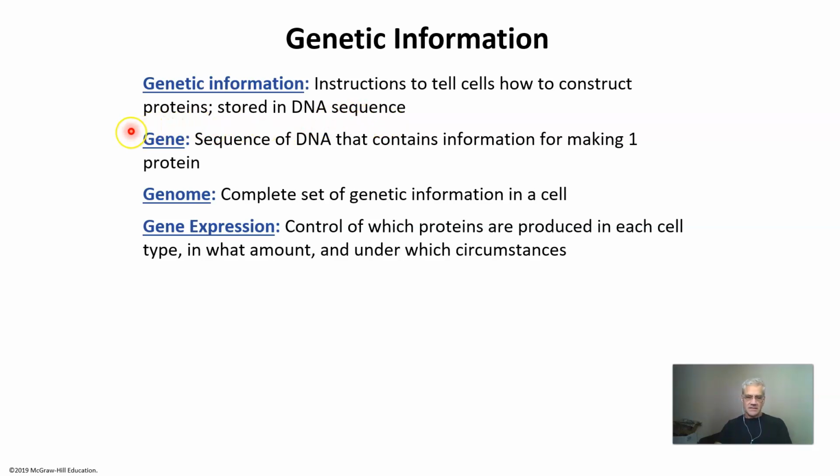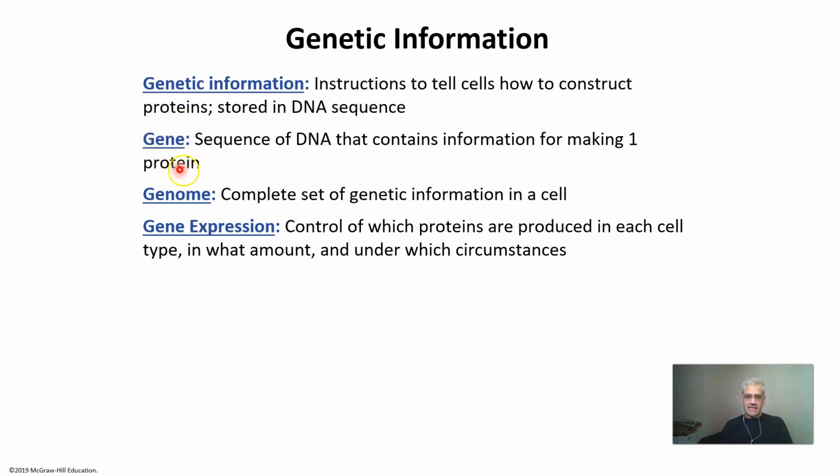The next definition you need to know is a gene. A gene is a specific segment of DNA that has the genetic information in it to make one protein, or maybe even one subunit of one protein.